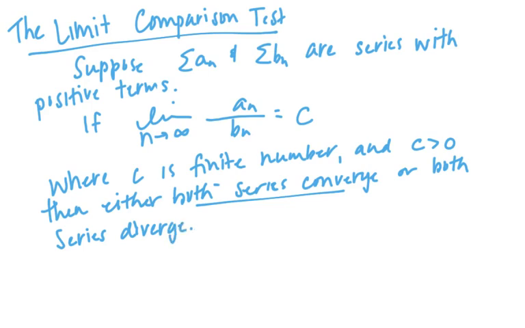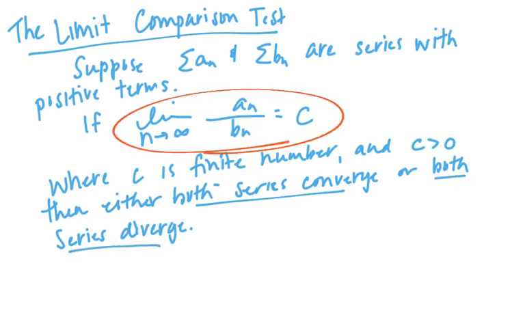So let's go back and look at that series we were looking at before. So here's your key. If you can look at the limit of a_n over b_n, then if c is a finite number and positive, then either both series converge or both series diverge. So let's go back to what we were looking at.